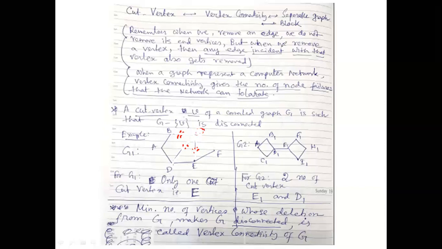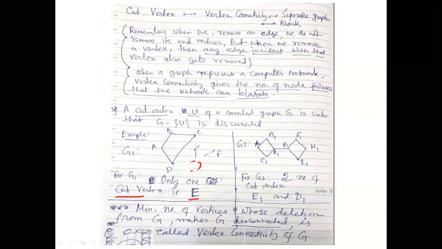So if we search experimentally, we can see that for the graph G1 there is only one cut vertex, E. How? If we remove that vertex E, this edge and this edge will be removed.